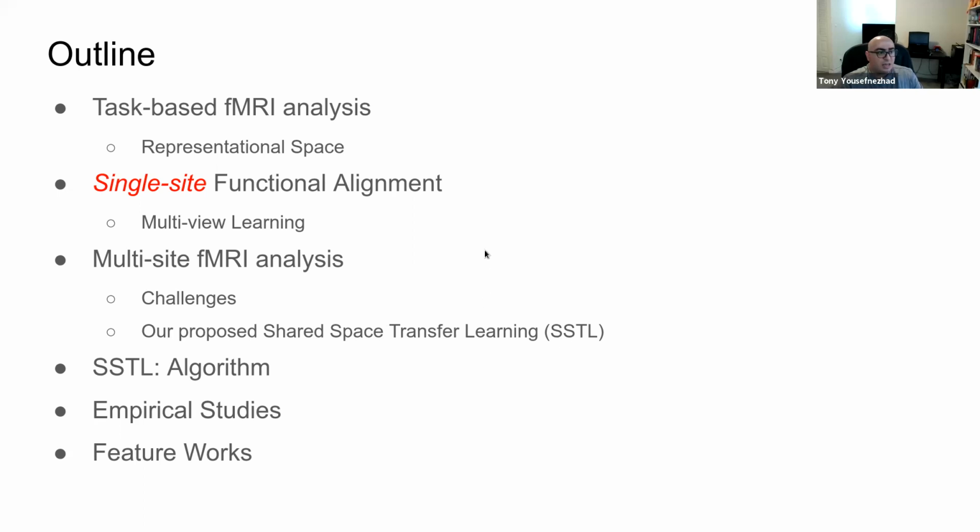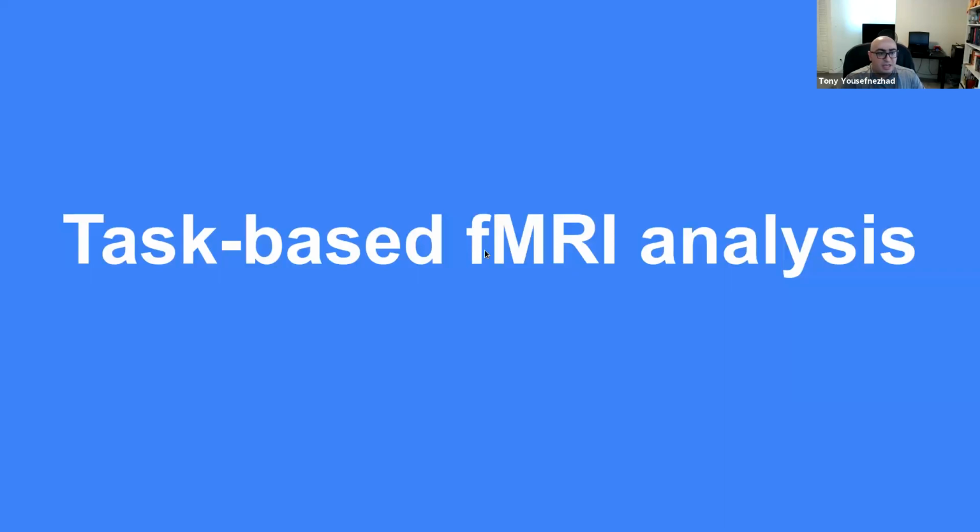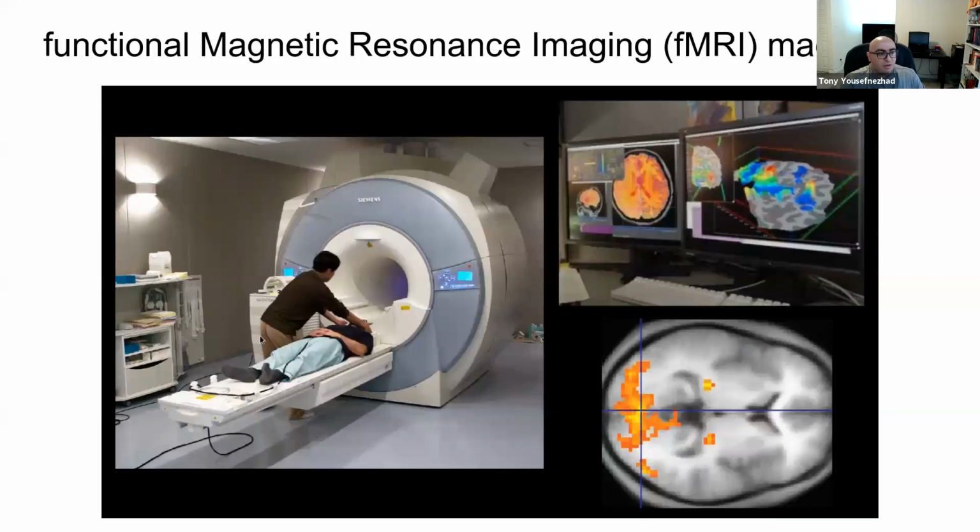Let's start by looking at what task-based fMRI analysis is. This is one fMRI machine. The patient just lies in the machine and we can collect the neural activity. We originally have two types of neuroimaging.